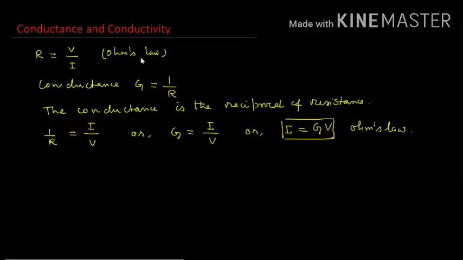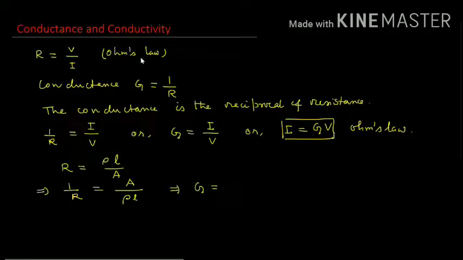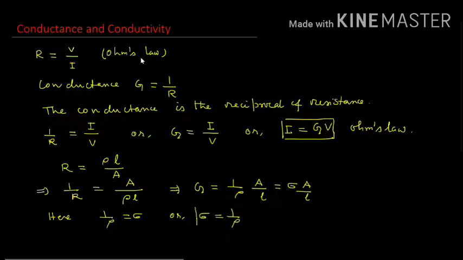We also know that R is equal to rho L by A. So this implies 1 by R is equal to A by rho L. So G is equal to 1 by rho into A by L, that is sigma A by L. So here 1 by rho is sigma, or we can write sigma is equal to 1 by rho.